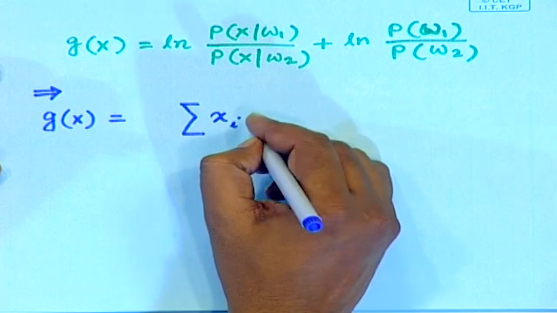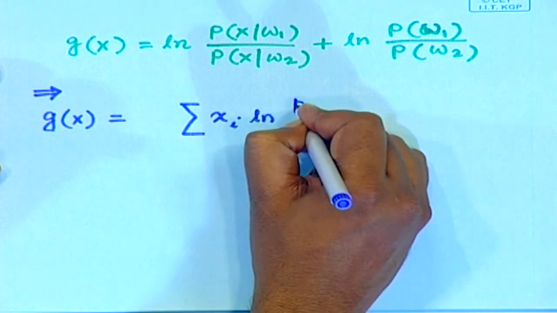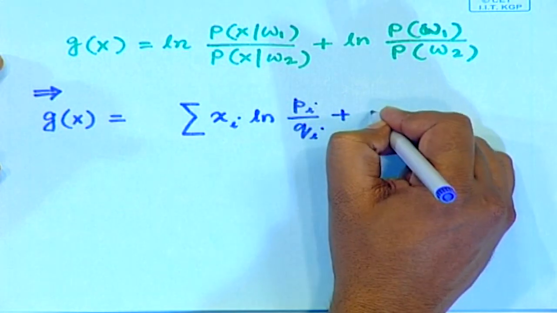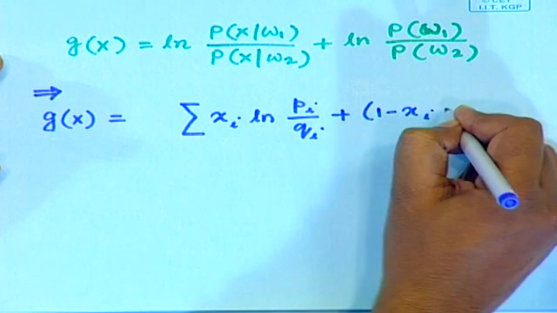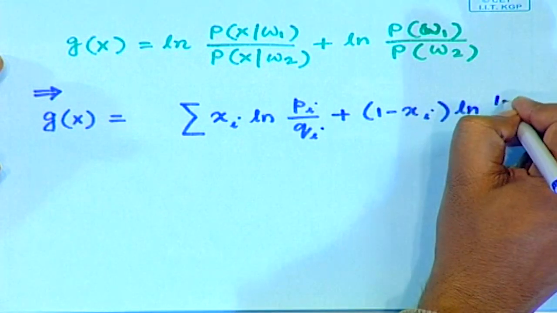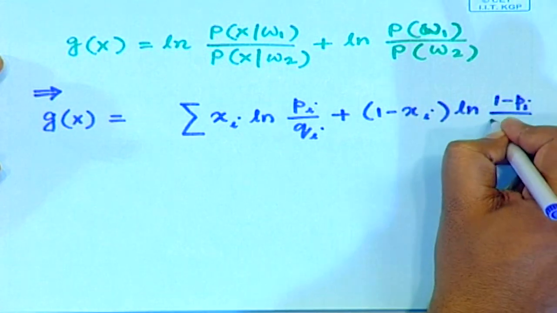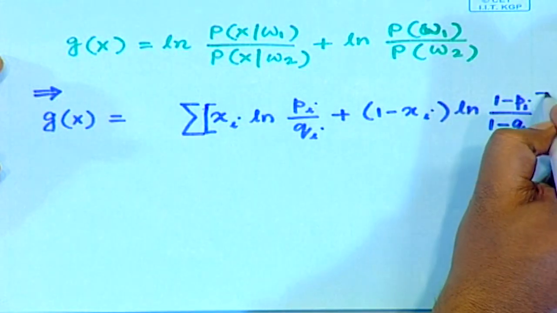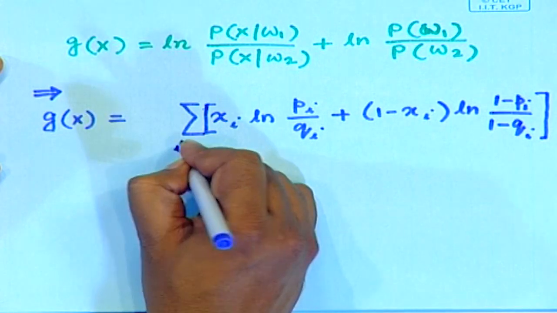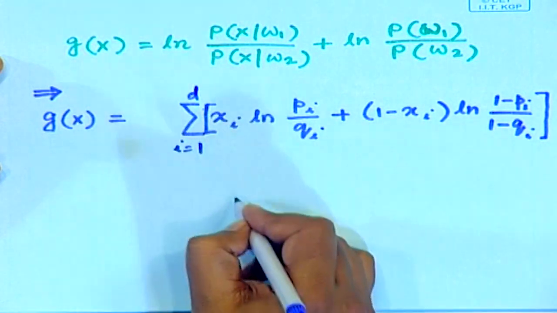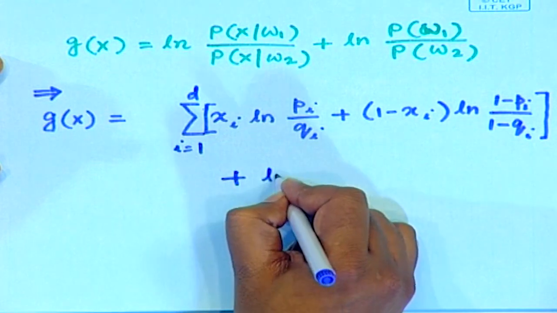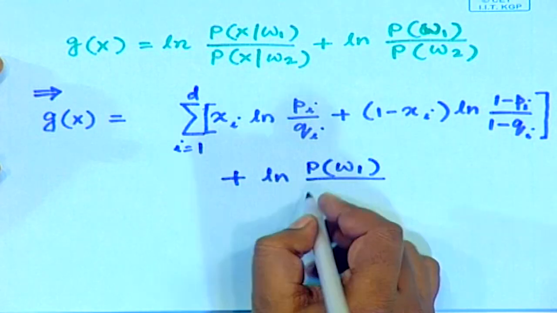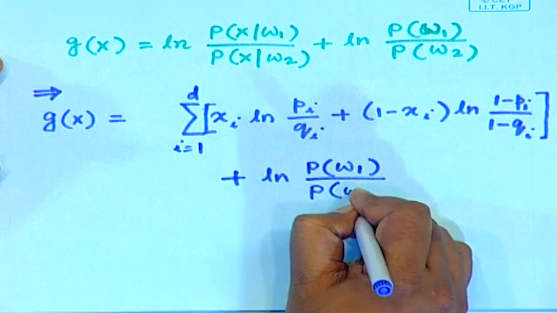So, it is xi log of pi upon qi plus 1 minus xi log of 1 minus pi upon 1 minus qi, where i will vary from 1 to d, plus log of P of omega 1, where this P omega 1 is the a priori probability, upon P of omega 2.